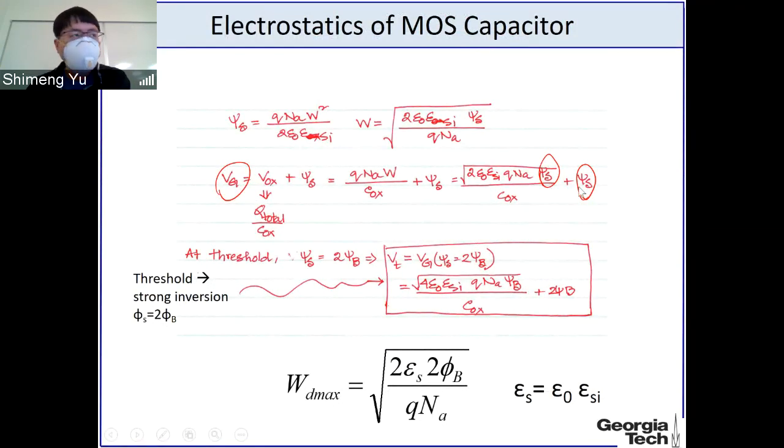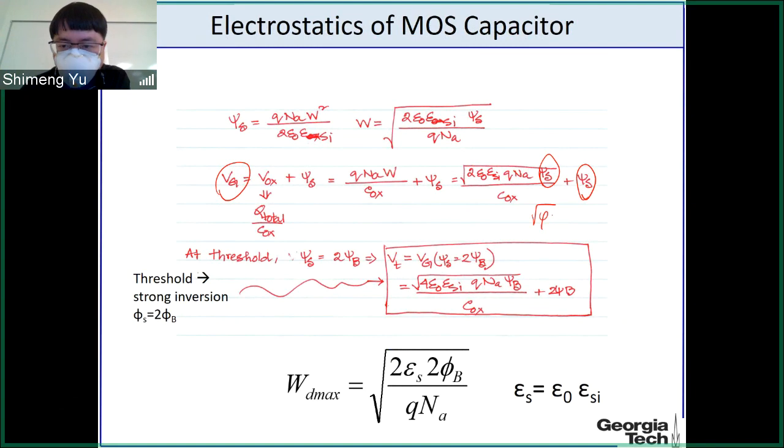It's complicated, but if you think about what kind of equation this is, what kind of function is this? Here you have a square root of phi s, and then those are coefficients. You think it's A, and here you have phi s, and then you have Vg.